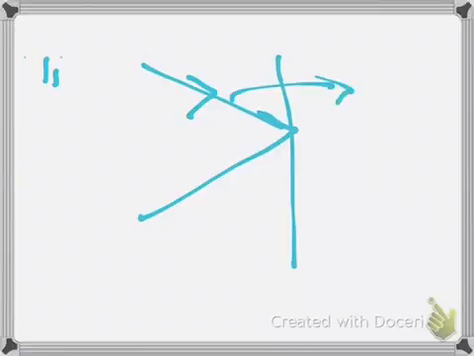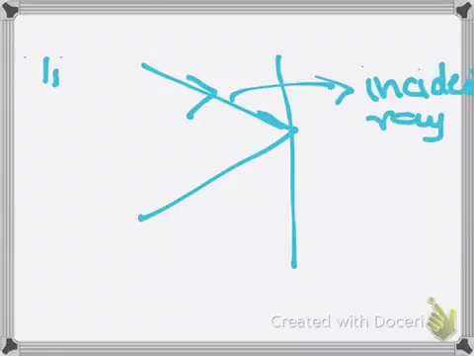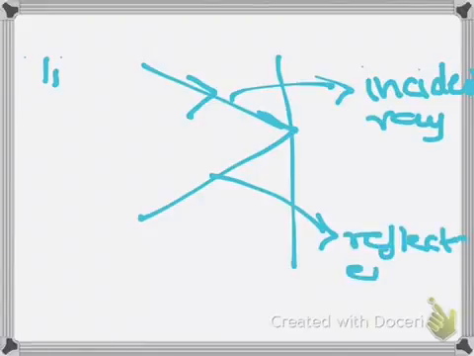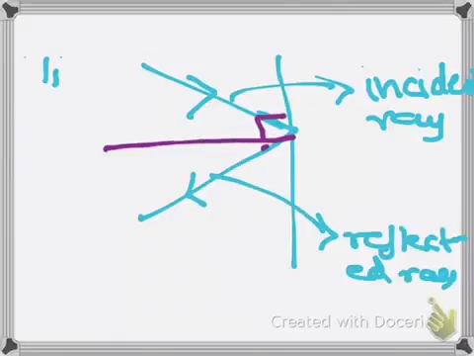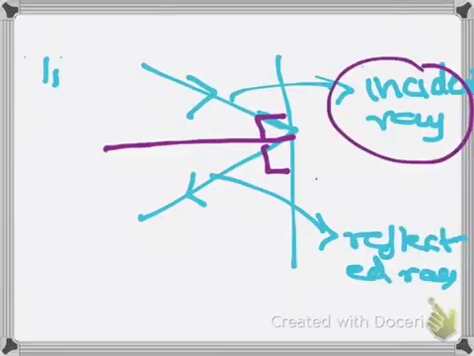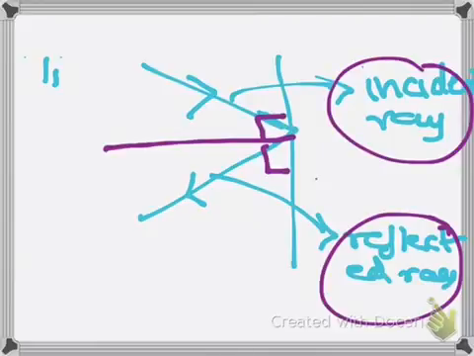So this is the incident ray, and the ray of light that is reflected back, that comes back from the surface, is called the reflected ray. And here we have our normal, which is perpendicular to the surface. So the second law says that the incident ray, the reflected ray, and the normal lie in the same plane. They are coplanar.